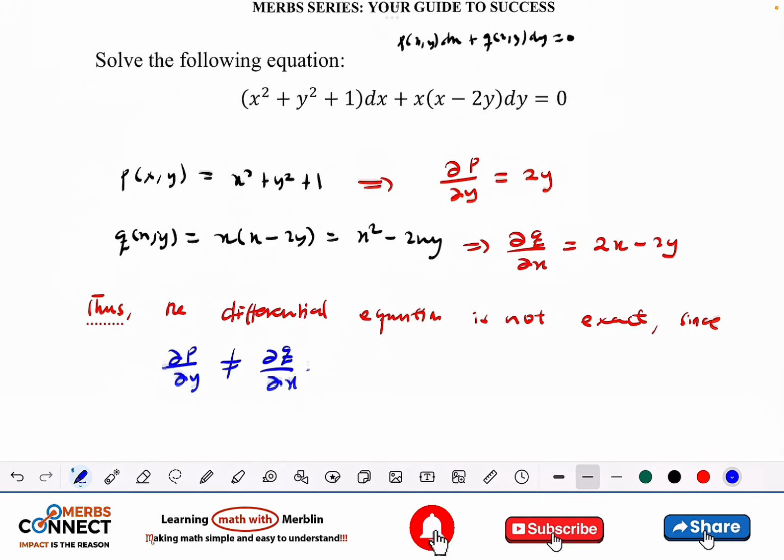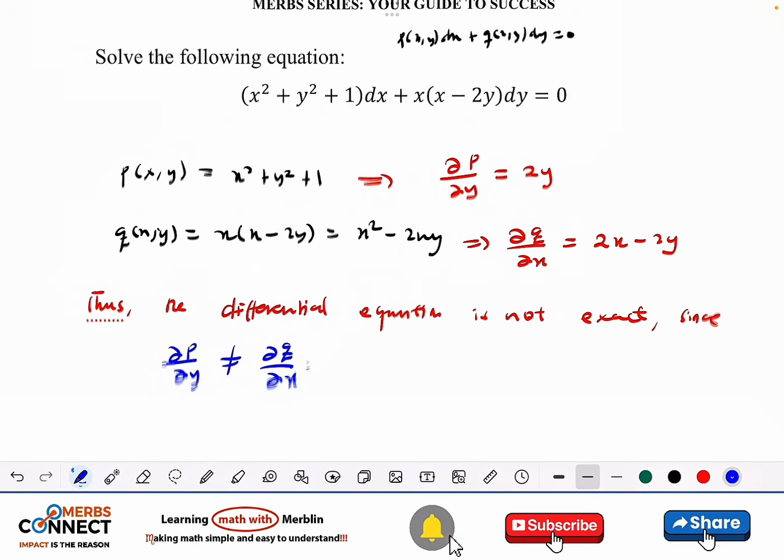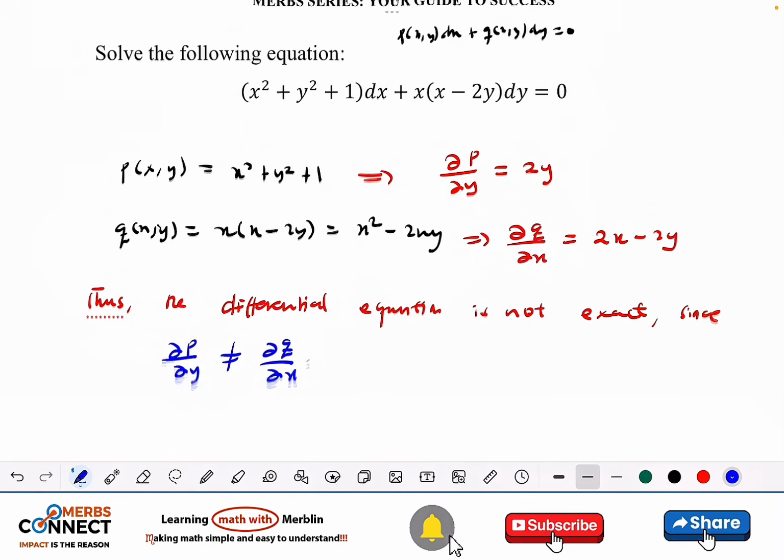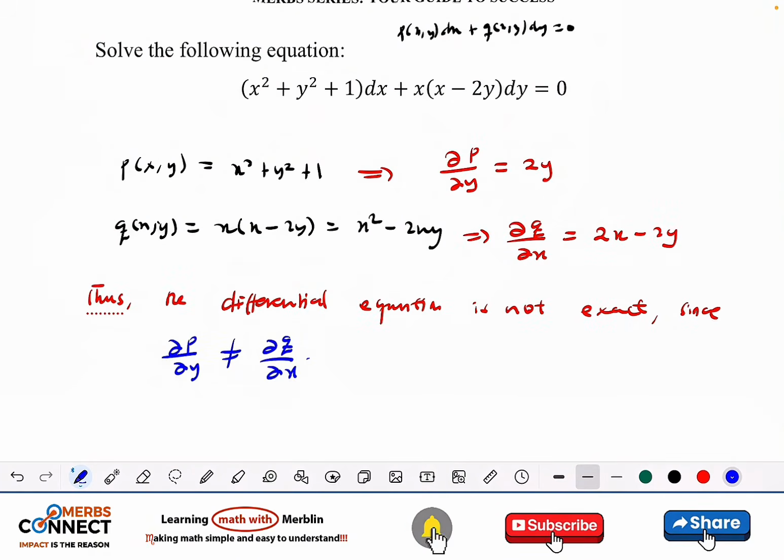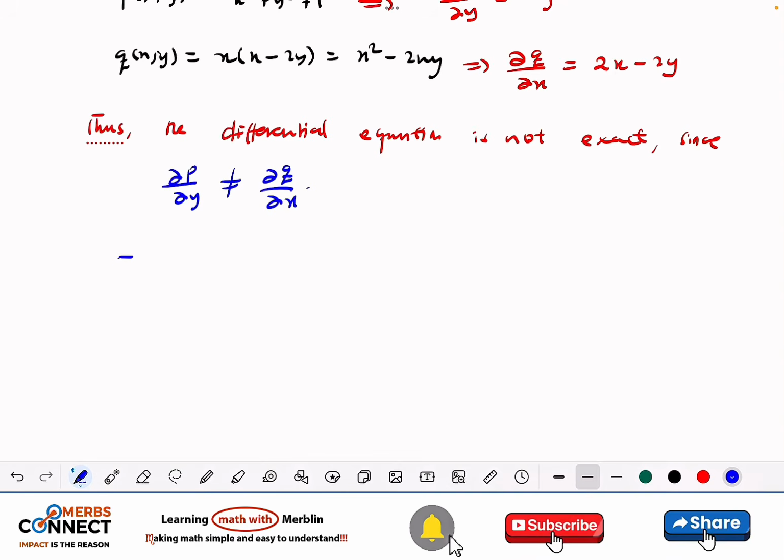So now it means that for us to solve, since the question says that we need to solve, then we need to think of finding an integrating factor. So let's go through by finding an integrating factor. So remember what we need to do.